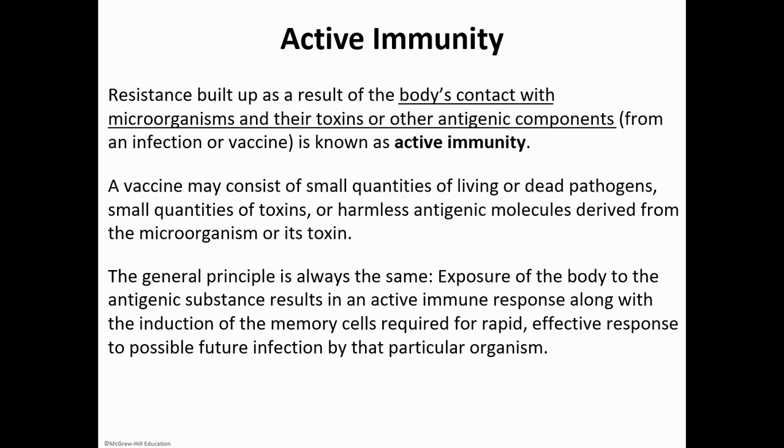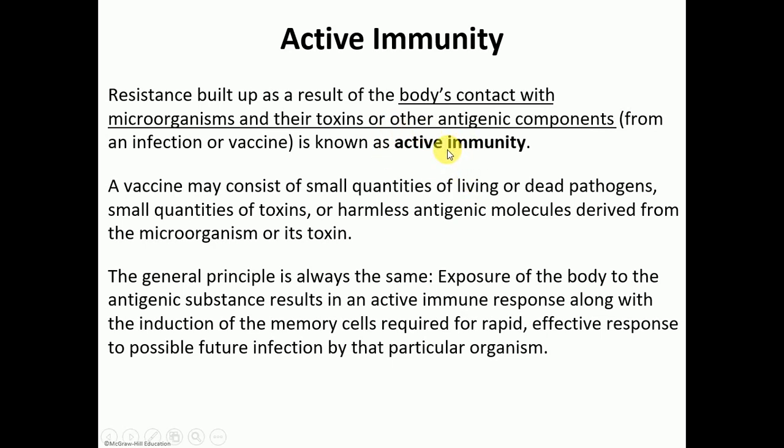That is your active immunity. Again, meaning that your immune cells had to recognize an organism, activate different cells and produce antibodies. Now that it actively made the antibodies inside of your own body, that is your active immunity.